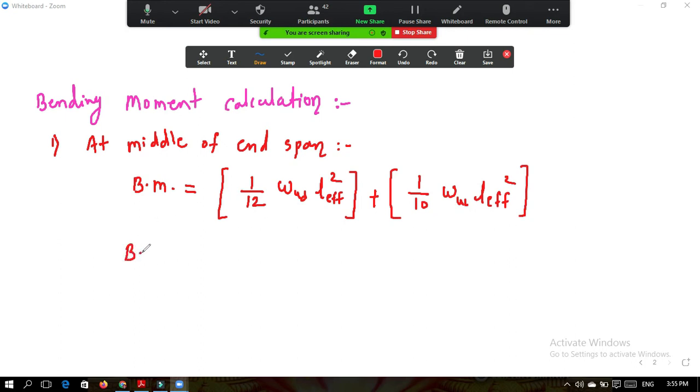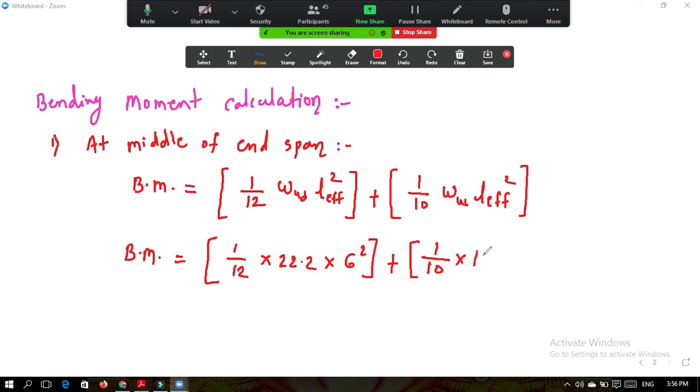If you put the values, then bending moment is equal to, in bracket, 1 by 12 into dead load, the value of dead load is 22.2, into L effective square, L effective is 6 square, plus 1 by 10 into live load, 18 into 6 square. Now do the calculation and let me know the answer.